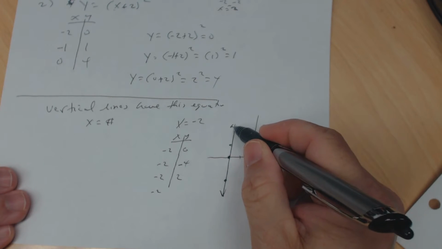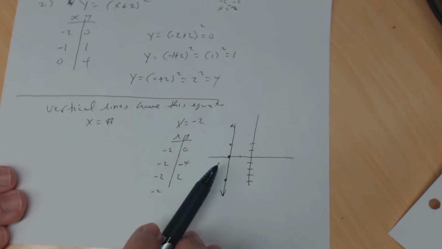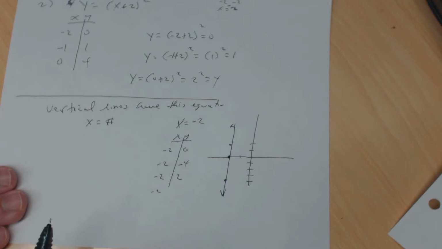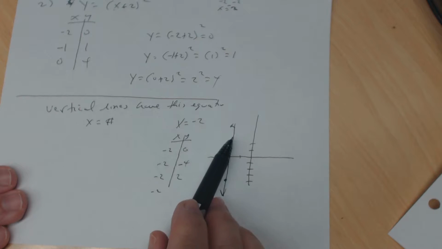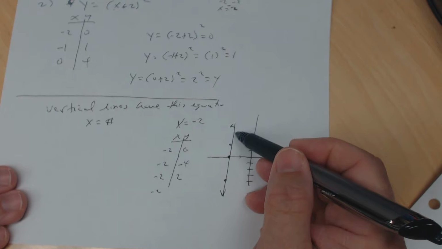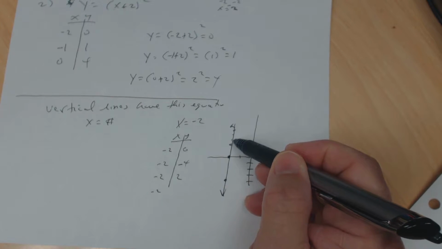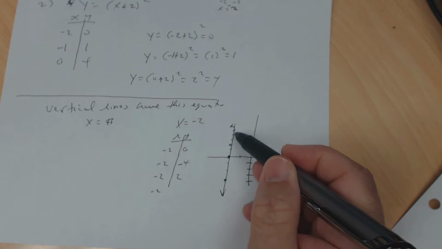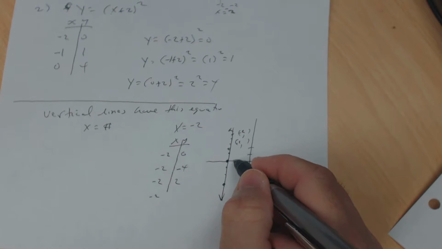So a vertical line has this form, x equal number, and that number is where it crosses the x-axis. See, it crosses the x-axis at -2. So that vertical line is x equal -2. No matter what point you pick on the vertical line, what do you notice about the x-coordinate? The x-coordinate always is -2.